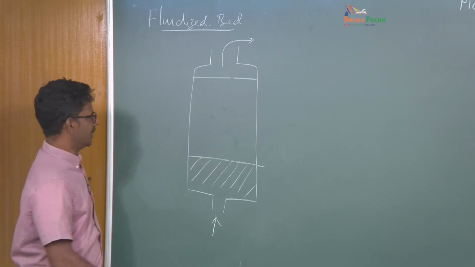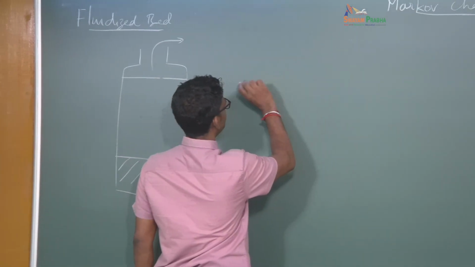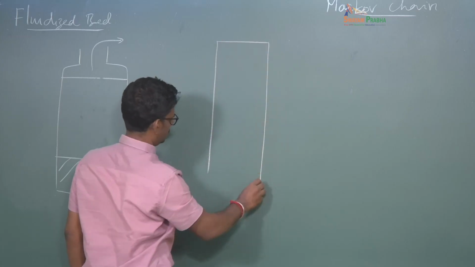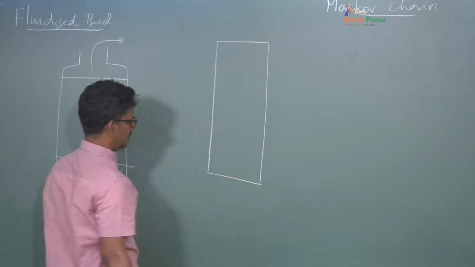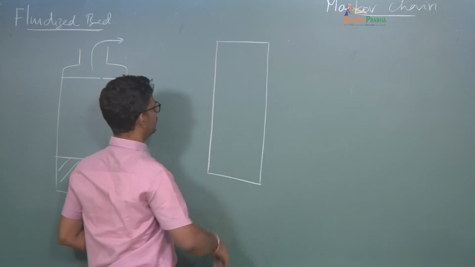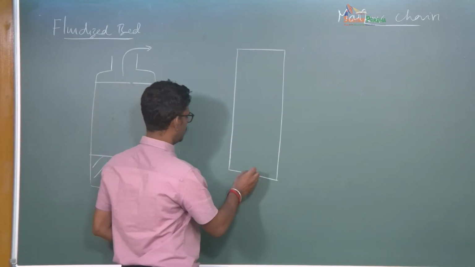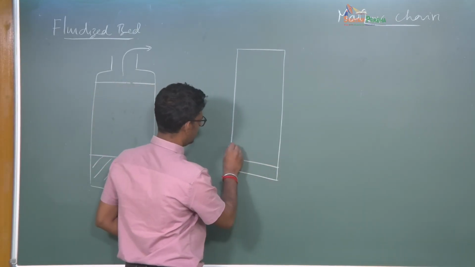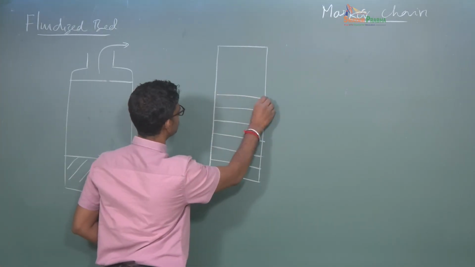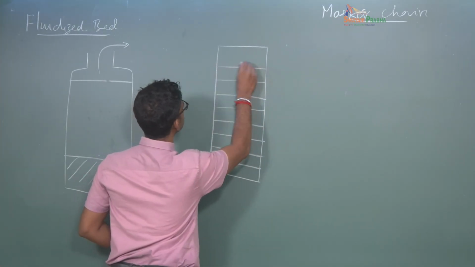So what we can do here is make this a one-dimensional problem. This entire column we will break into cells, some horizontal cells of some finite thickness like this.